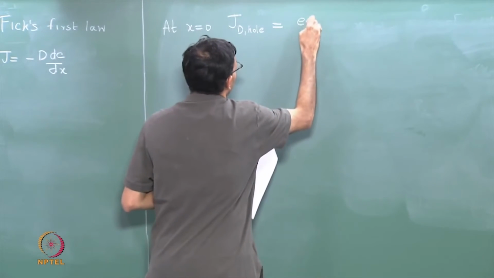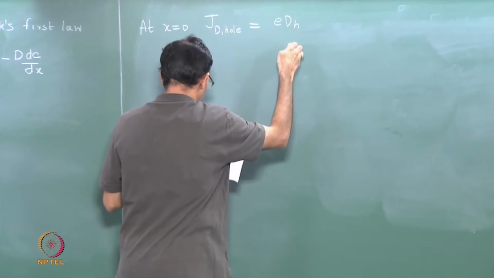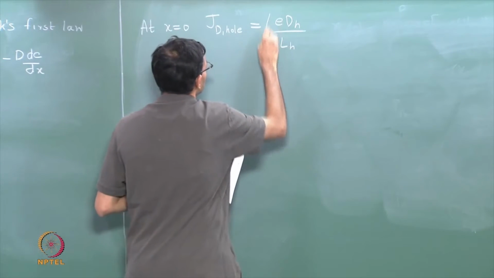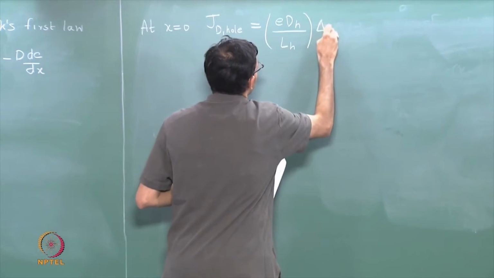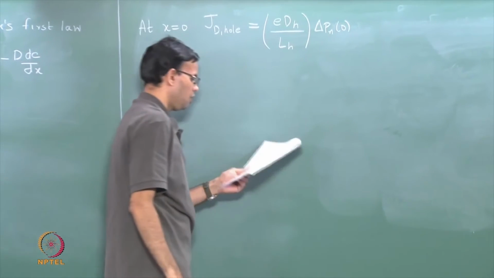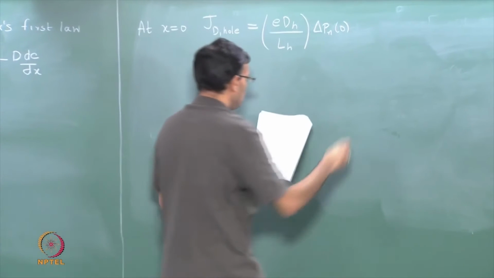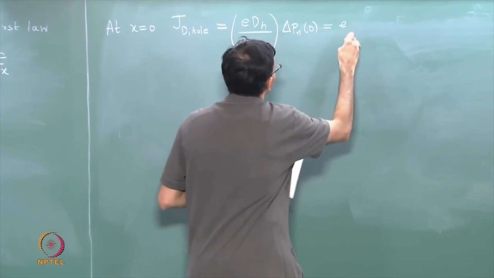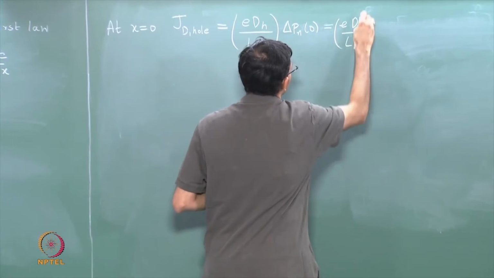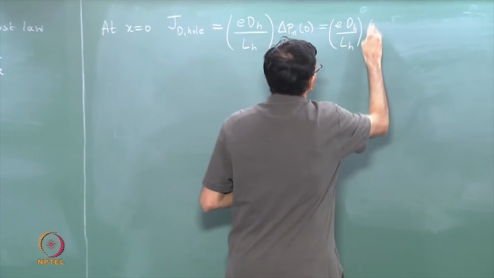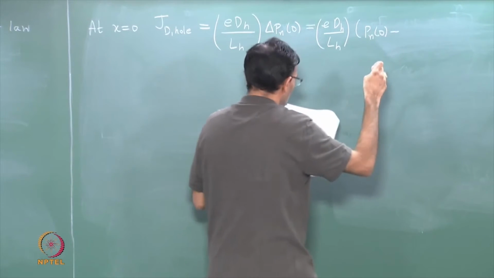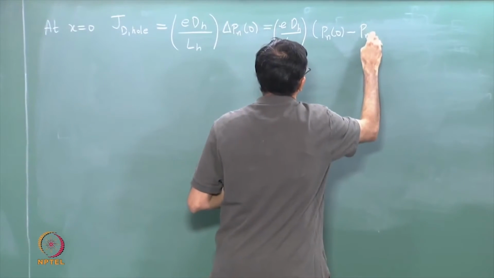Nothing but E DH over LH delta Pn of 0. We saw that this is nothing but E DH over LH times Pn of 0 minus Pn naught.